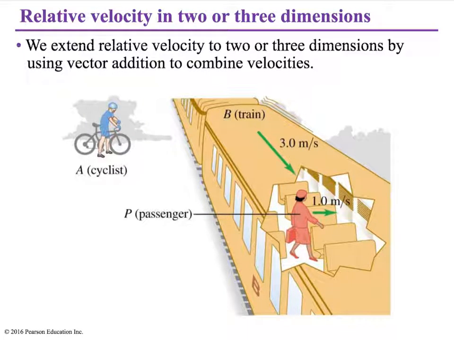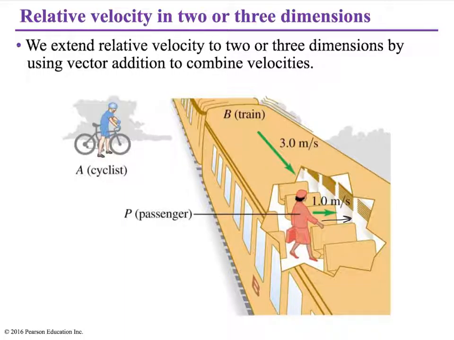We can also do this in 2 dimensions. What if instead of just walking along in the same direction as the train was going, what if she walked across the train, like from the aisle into the window seat?